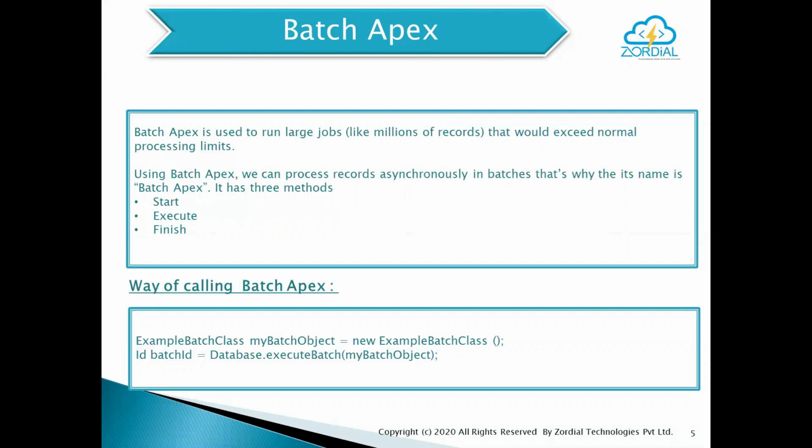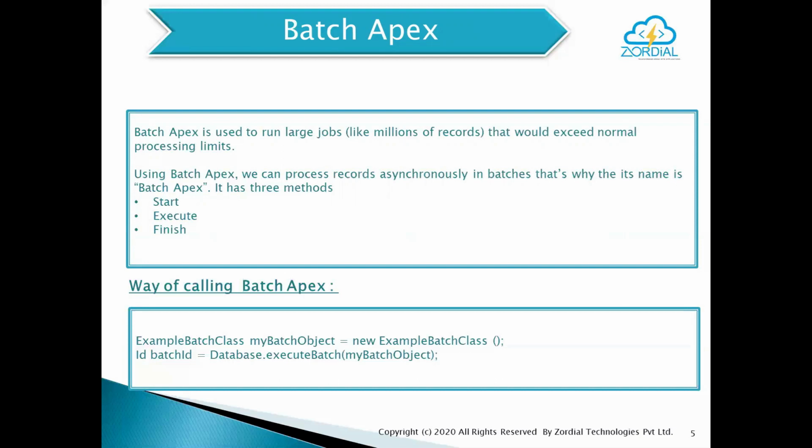Let's say we have tons of data and we need to process it. A synchronous job cannot handle it because of the governor limits, and we may hit one of the limits while processing that data. Let's say we have 5 million records, then we cannot process those 5 million records in one transaction. That's why we need to convert that data into different batches.